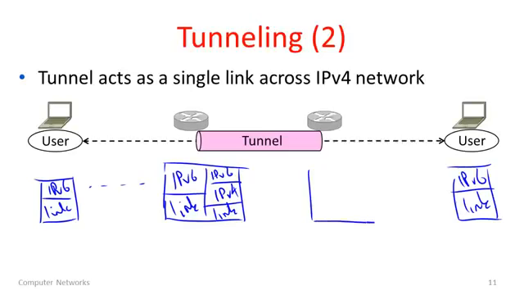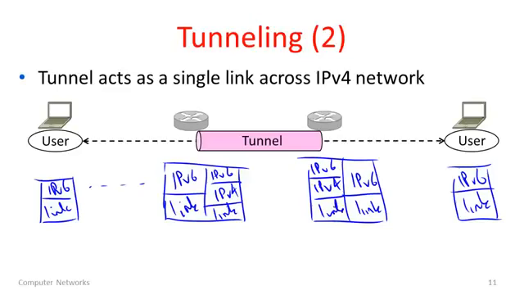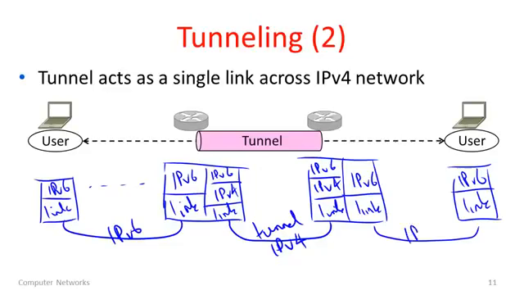And so we've got to do the reverse on the other side. And this then will be our tunnel of the IPv4. Whereas this is really a native IPv6 network, and so is this.